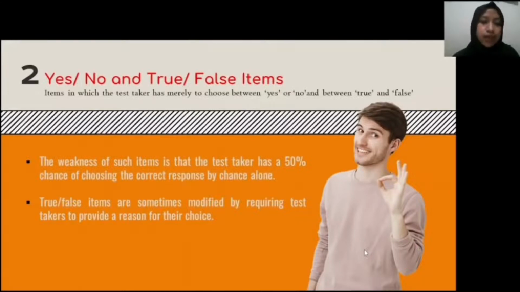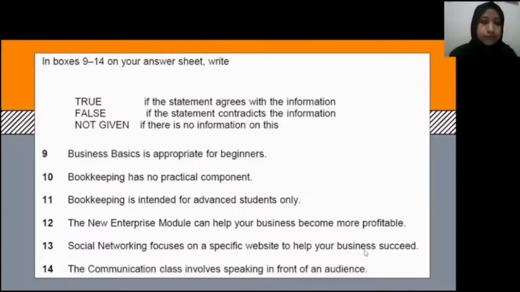The weakness of such items is that the test taker has a 50% chance of choosing the correct response by chance alone. Here are examples of questions from true or false.